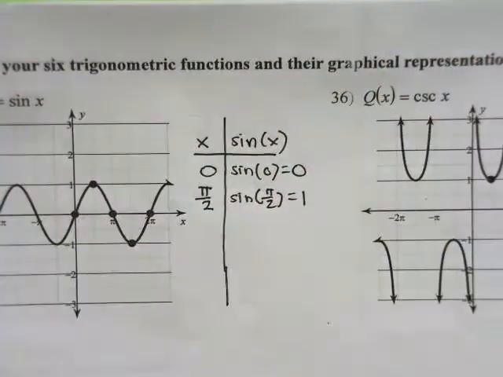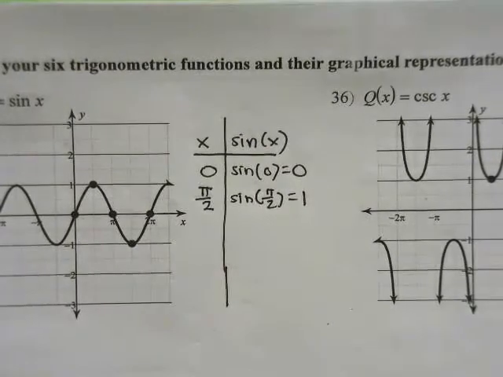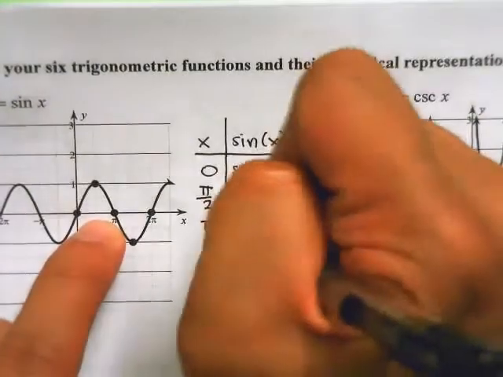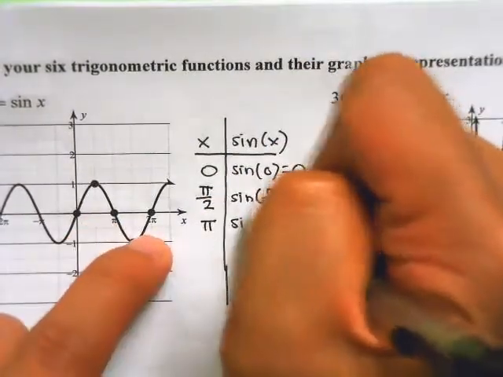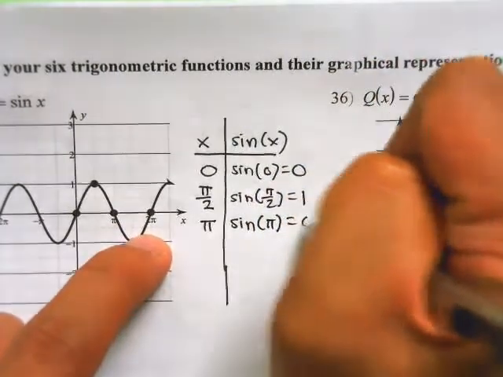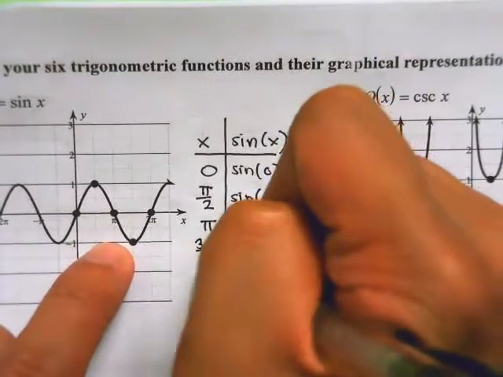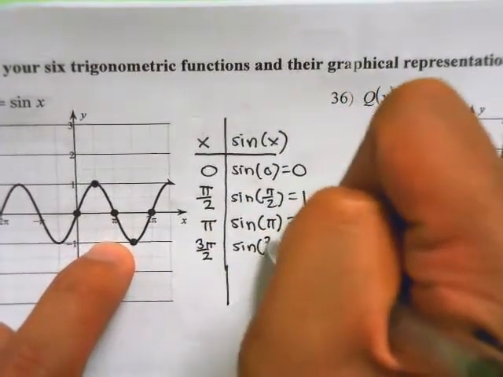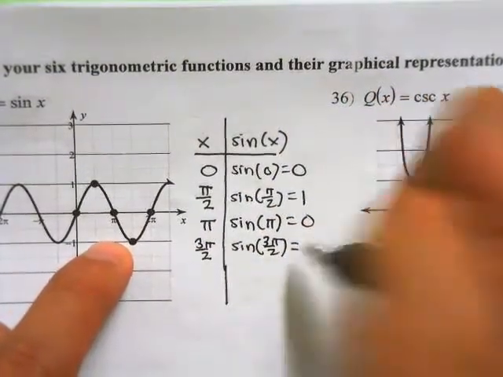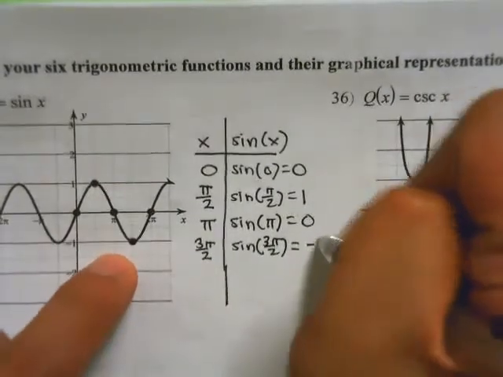Okay. Then, you know, sine and cosine are oscillating functions, so they're going to keep going back up and down, up and down. So when we plug in pi, 180 degrees, sine of pi is going to go back to 0. 3 pi over 2, sine of 3 pi over 2, or 270 degrees, is going to be -1.